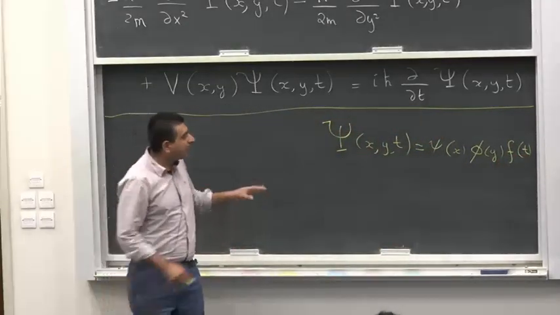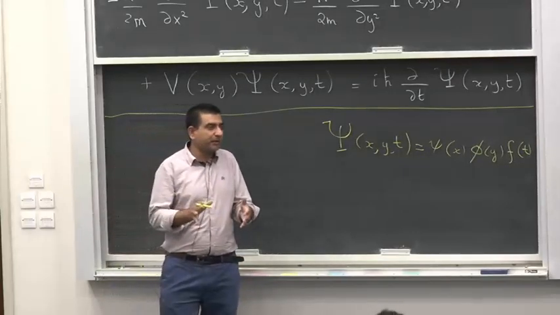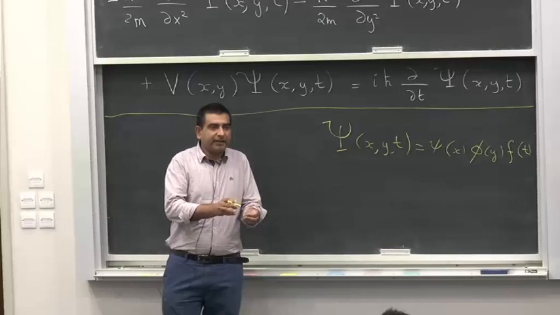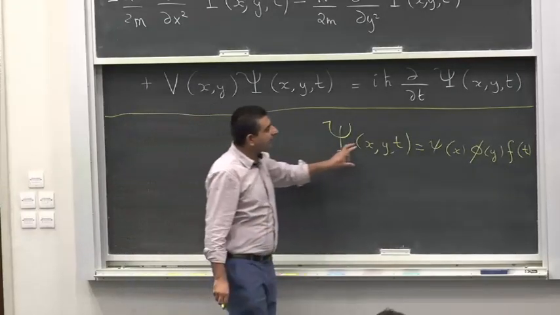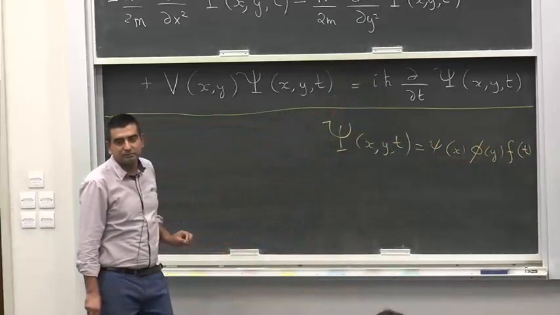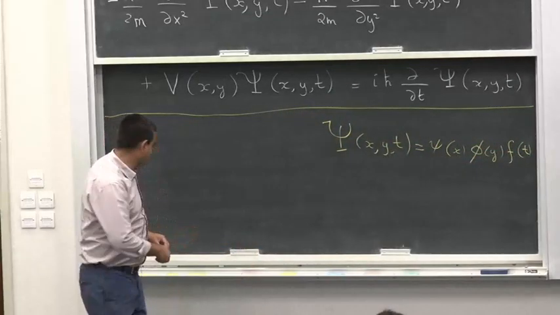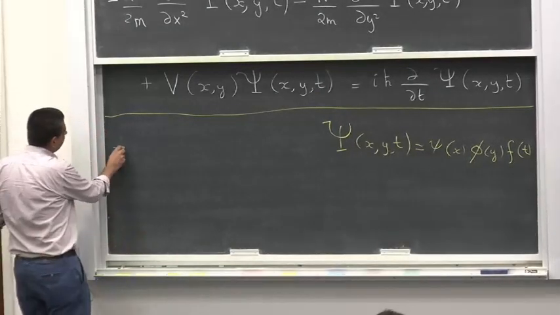Alright, so I break up my wave function, the spatial temporal wave function, into its components, into the factors. Now I plug this factorization into my equation. That's what I do. The technique is very similar, nothing special about it.